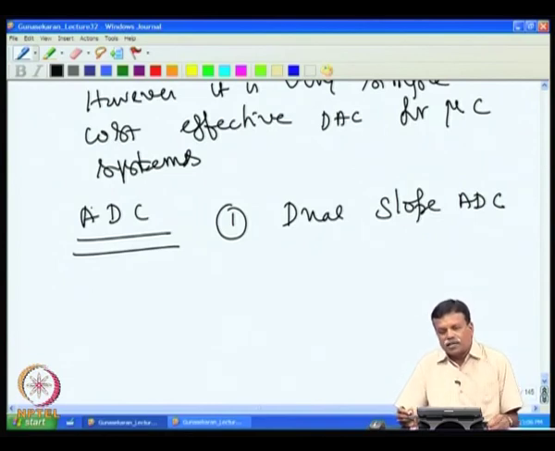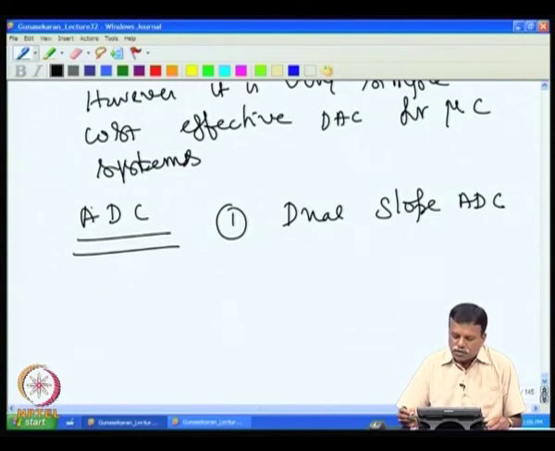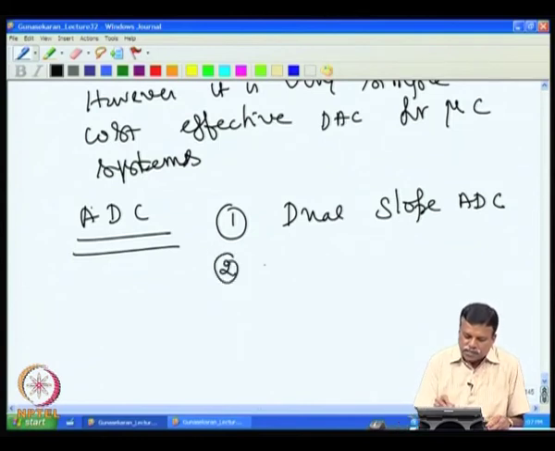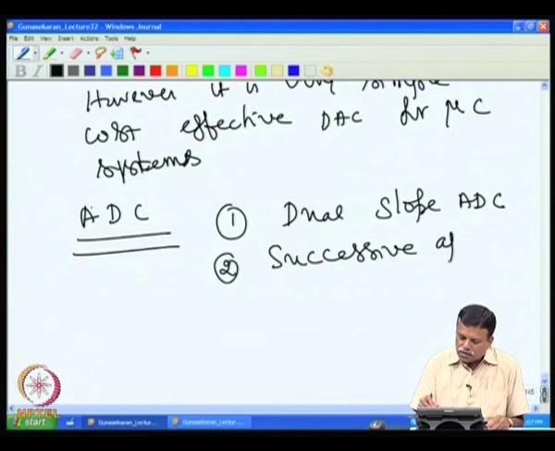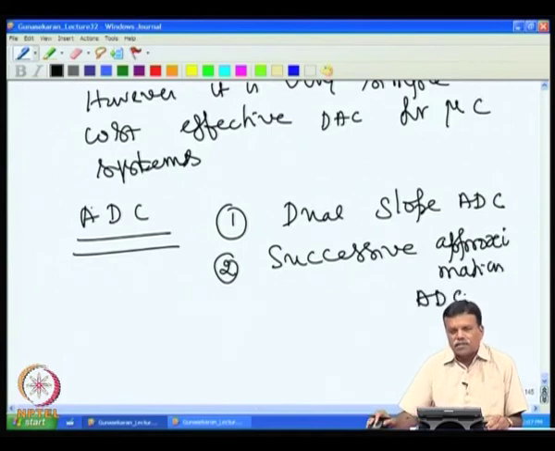Generally they are called charge controlled A to D converters or slope A to D converters, or the second type of converter is a successive approximation A to D converter. These two A to D converters we have discussed, and some of the applications also we have discussed.